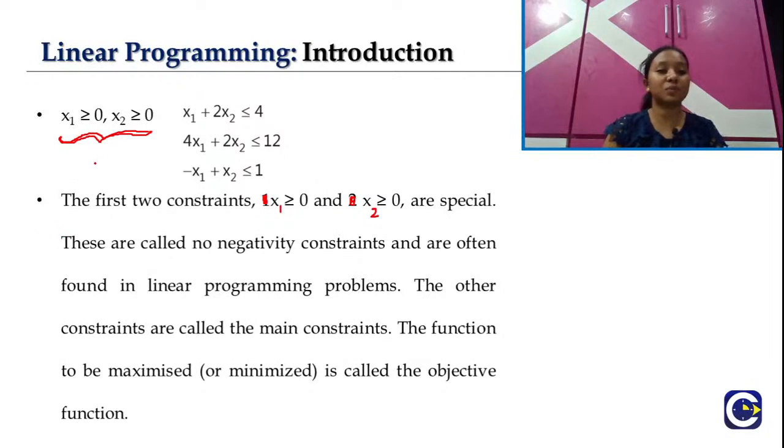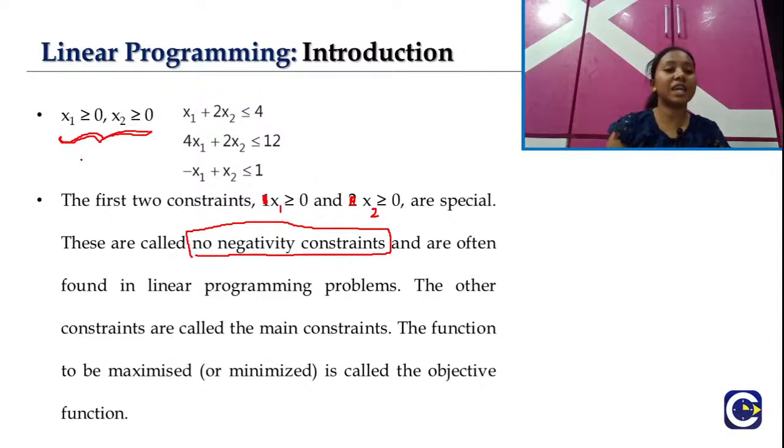So these two are special because they are non-negativity constraints, and we can expect these two non-negativity constraints very often in our linear programming problems.